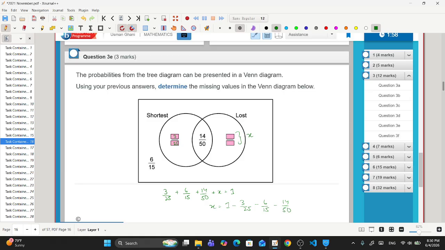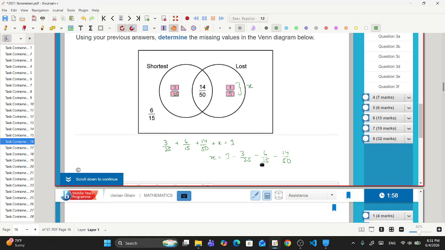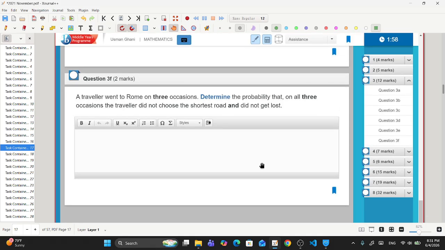So your answer is 0.2 or simply 1 by 5. Okay, 1 by 5 is your answer in this case. So that's the value of the missing value in the Venn diagram. Okay, I hope this is clear.